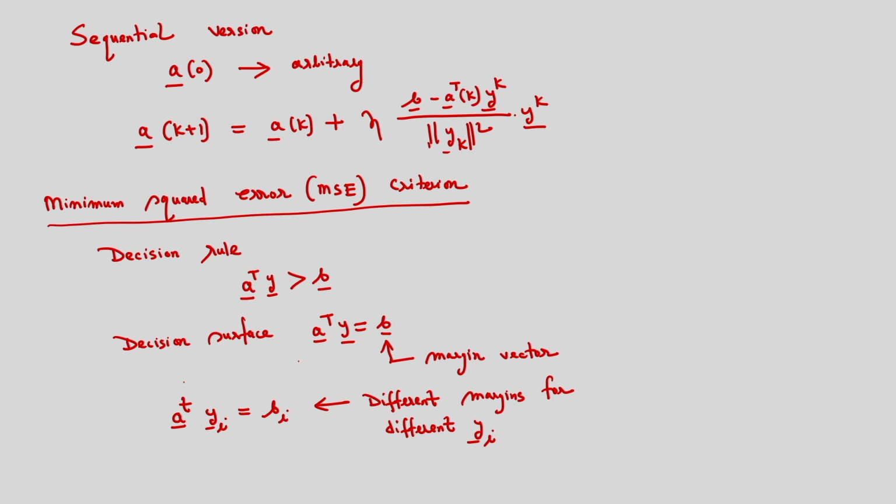That is the ith sample. So we are considering different margins for different Yi's. In this case I will be getting n number of equations. So if you see here, I will be getting n number of equations. In the matrix form I can write this equation also.